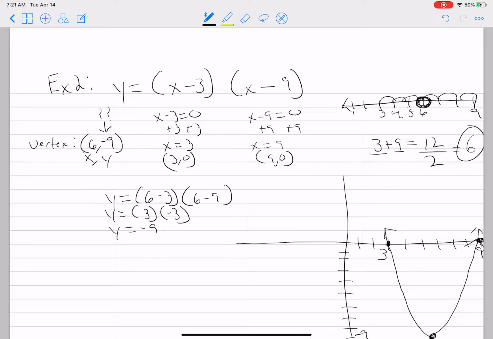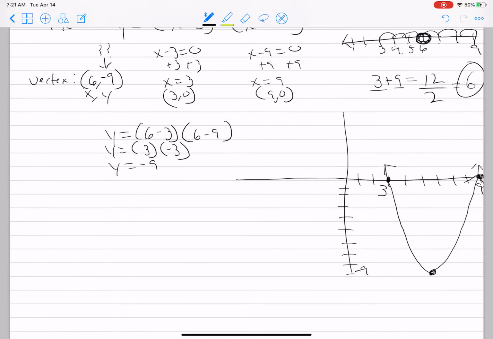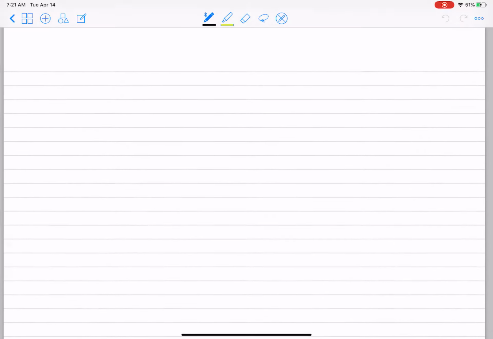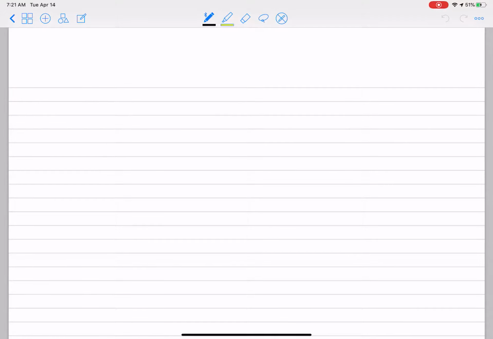All right. I'm going to do one in standard form. So this is going to be example 3. And I need something in standard form, so I'm going to go ahead and get something right here. Give me one sec, guys.